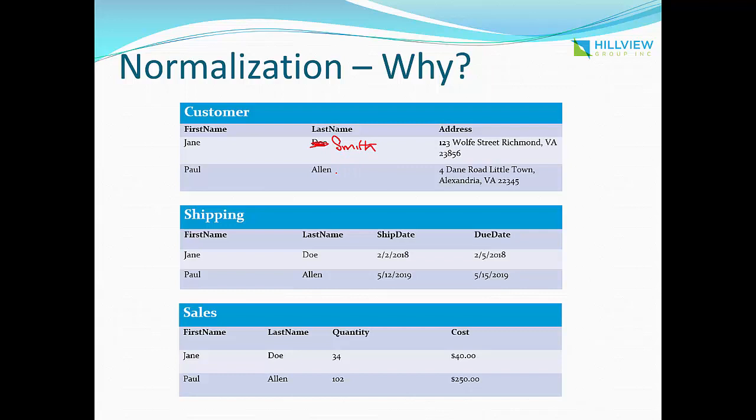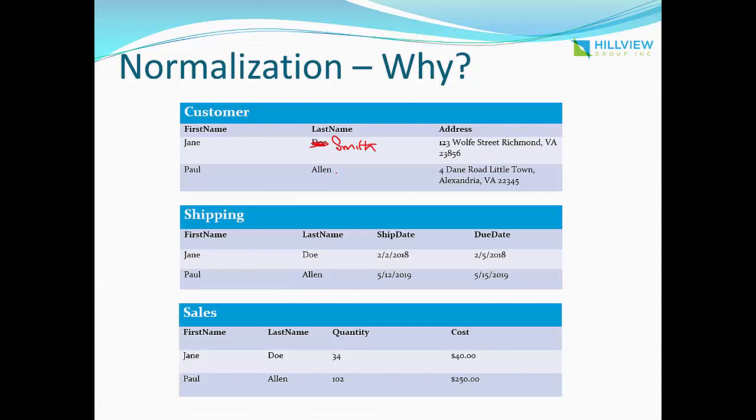Okay, now we have a problem, because now Jane is Jane Smith in our customer entity, but Jane is still Jane Doe in our shipping entity, and Jane is still Jane Doe in our sales entity. So now we don't know which is which.